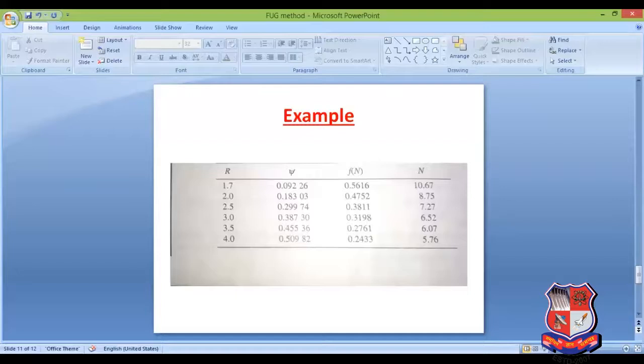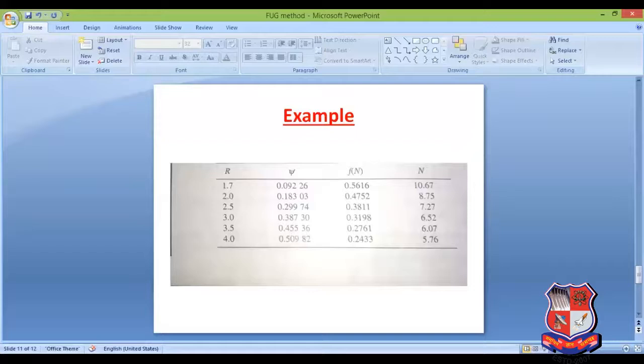But over here there is a difference. To achieve the desired separation, when reflux ratio R is 2.5, if my N is 7, then I will not get my desired separation. So I have to go to the higher side. My N should be 8, not 7. This thing must be in your mind.